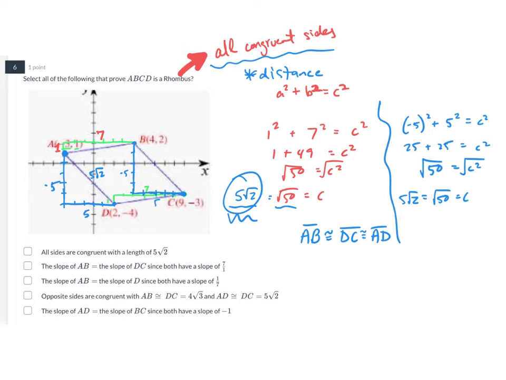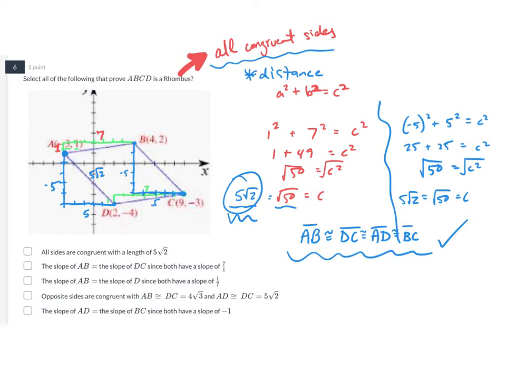So again, this rise and run is going to match with AD's rise and run. I'm not going to waste time doing the Pythagorean Theorem or distance formula because I know that they already match. Same rise and run, then we done. There's a new saying for you. So BC is going to be congruent as well. So all those sides are congruent, which means that this is a rhombus.